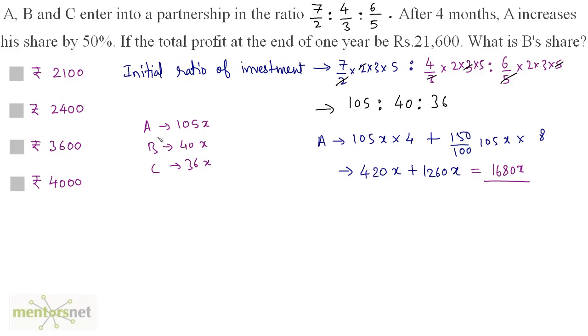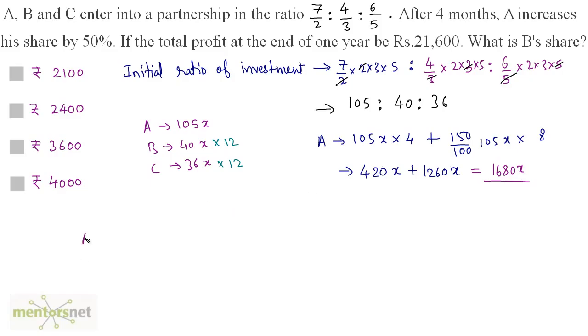Now let us calculate B's share. B is investing for 12 months, so times 12, and C is also times 12 because C is also investing for 12 months. Now we have the ratio of the investments, we can get the ratio of the profits earned as the ratio of their investments, right?